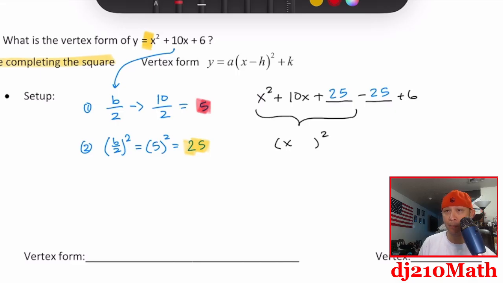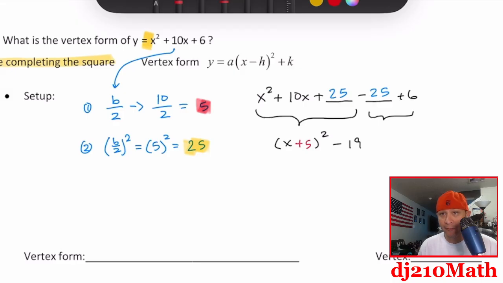Whatever that number is, positive 5, that's the number that goes here. And then combine whatever's left out here. Negative 25 plus 6, negative 19. And there's my vertex form.